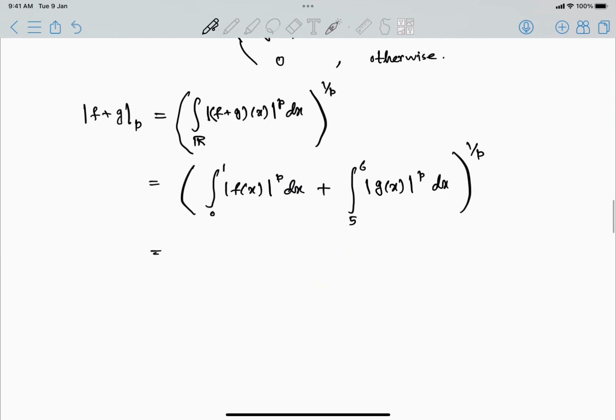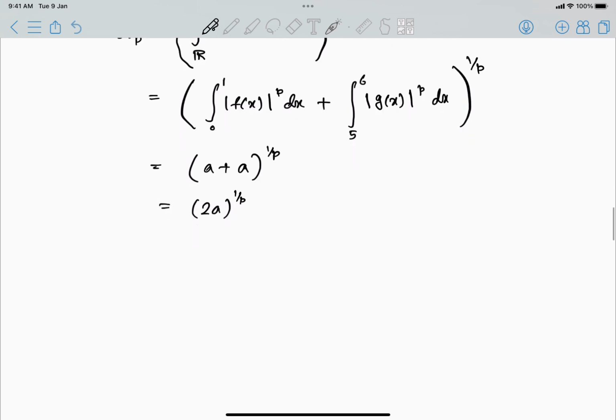Right, so we get both to be a, plus a, all to the power 1 by p. So it's (2a) to the power 1 by p. So the norm of f plus g, we have got (2a) to the power 1 by p. And what is the norm of f to the p plus g to the p?